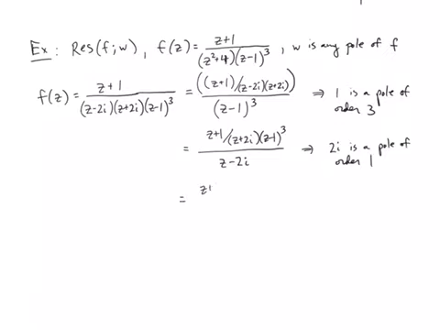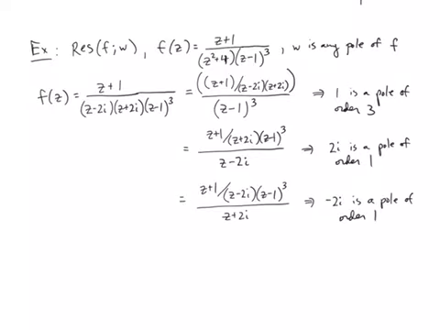And then we have z plus 1 divided by z minus 2i times z minus 1 cubed, over z plus 2i. And again, similar reasoning tells us that negative 2i from this expression is a pole of order 1. Okay.